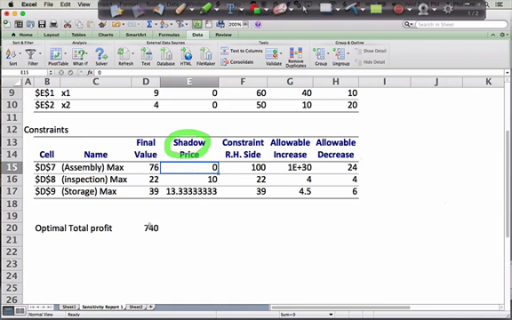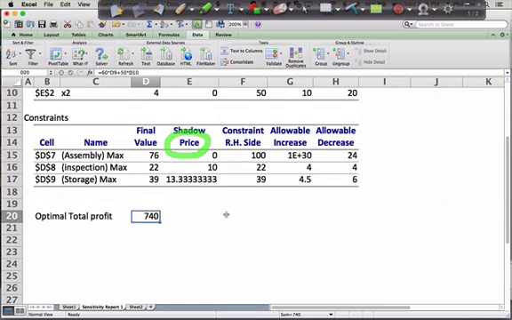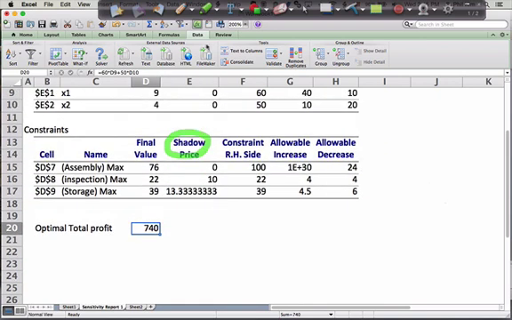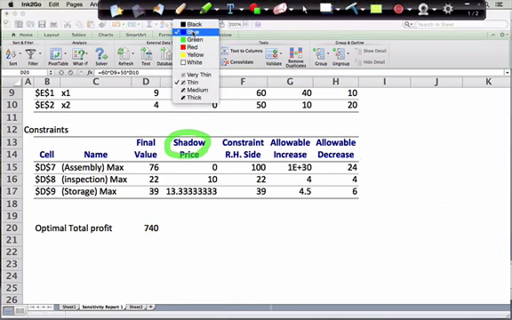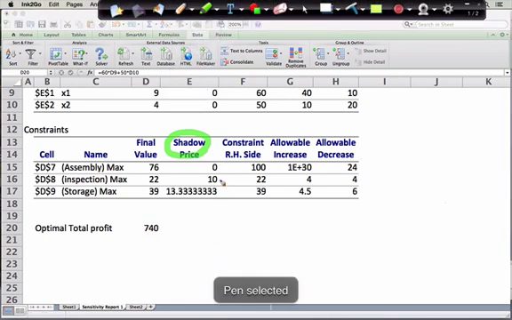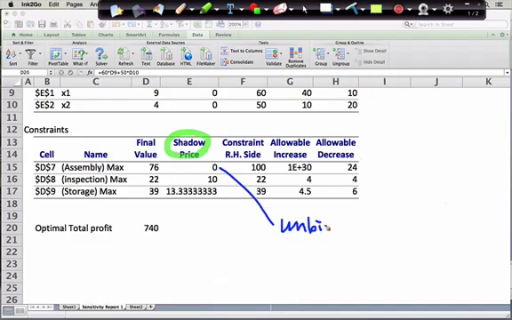Nothing. So looking at the shadow price, you can figure out what is the binding constraint or non-binding constraint. If shadow price is 0, this is non-binding. And these two have a positive shadow price, so these will be binding.